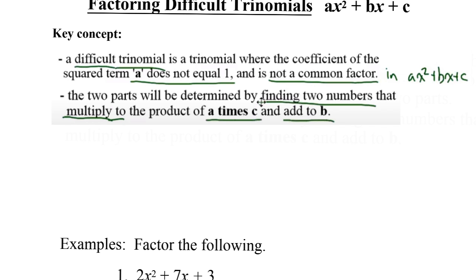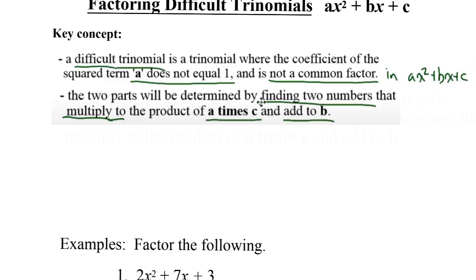In this case, the two parts will be determined by finding the two numbers that multiply to the product of the a term and the c term, but then must add to the b term.